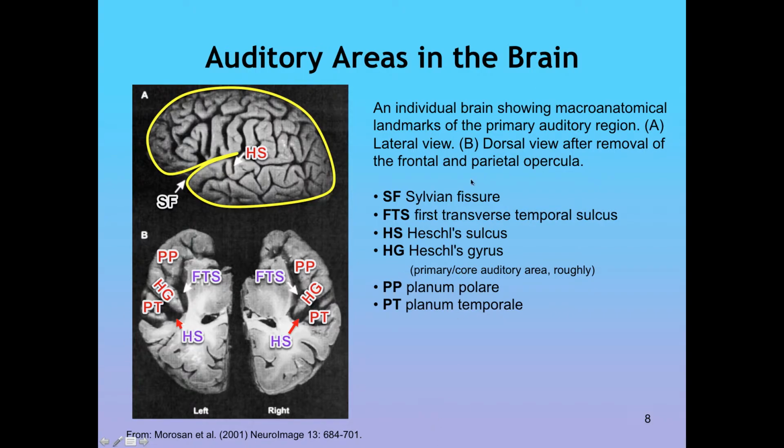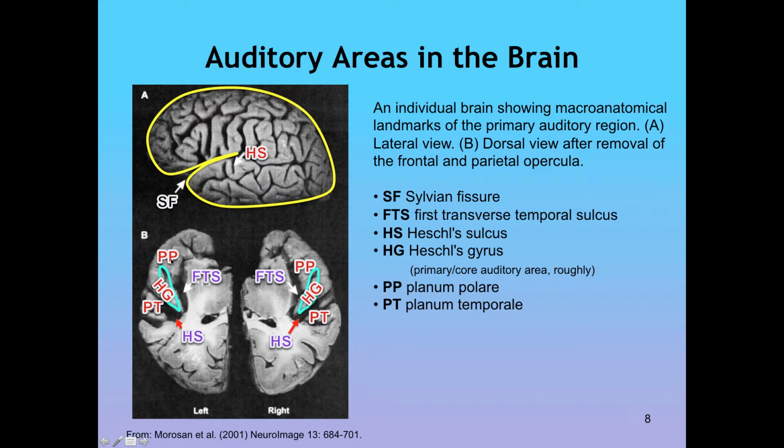Once we get inside, we see the Heschl's gyrus here on both sides of the brain, and that is generally considered to be the location where primary auditory cortex is housed, so kind of the initial stage of cortical processing happening here. So if I were to draw out the primary auditory regions, I might do something like that.